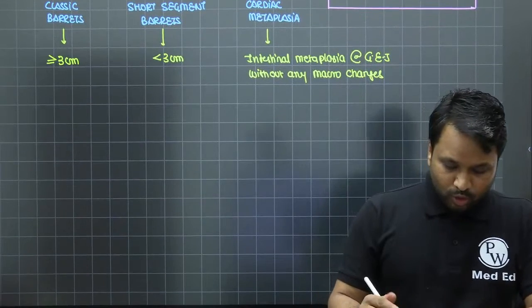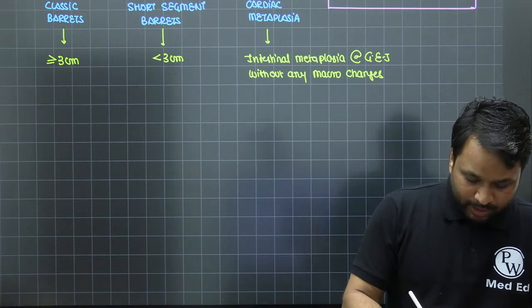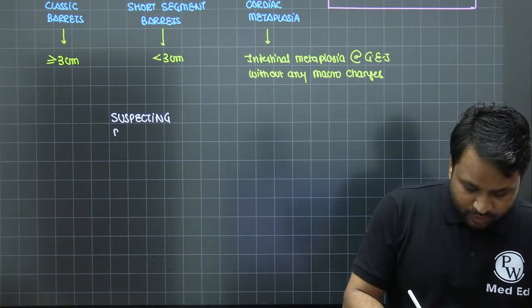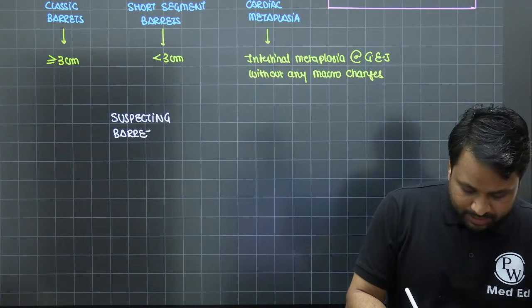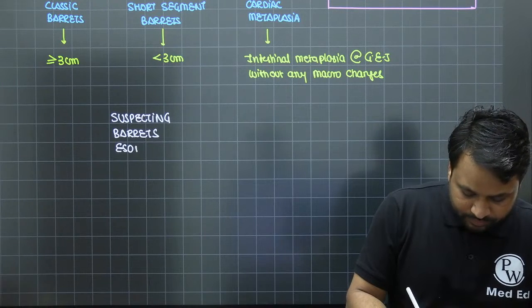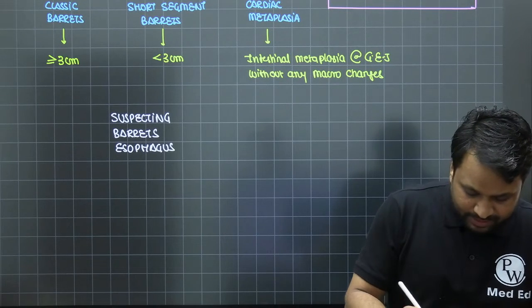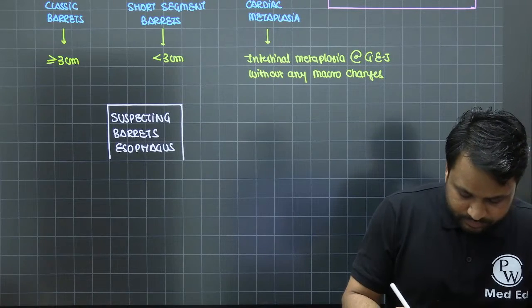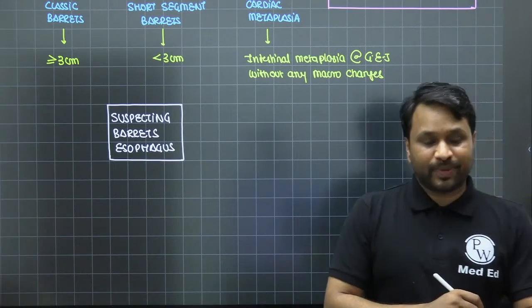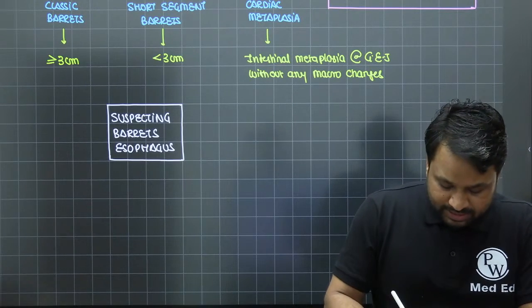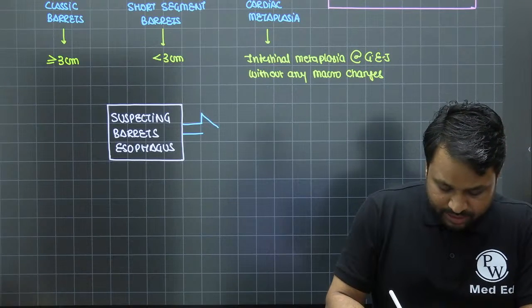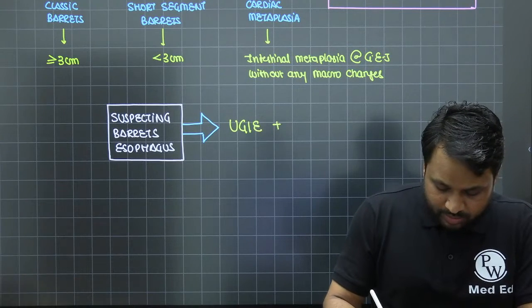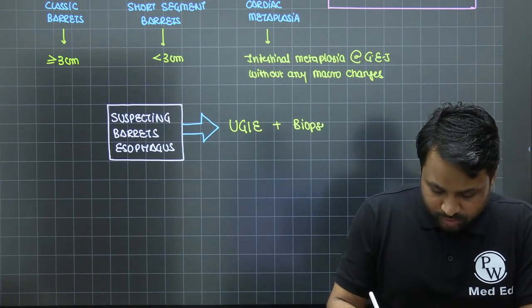So whenever you're suspecting Barrett's esophagus, the common sense dictates that the minute you have a presentation like this, take the patient for upper GI endoscopy, but along with that also perform biopsy.